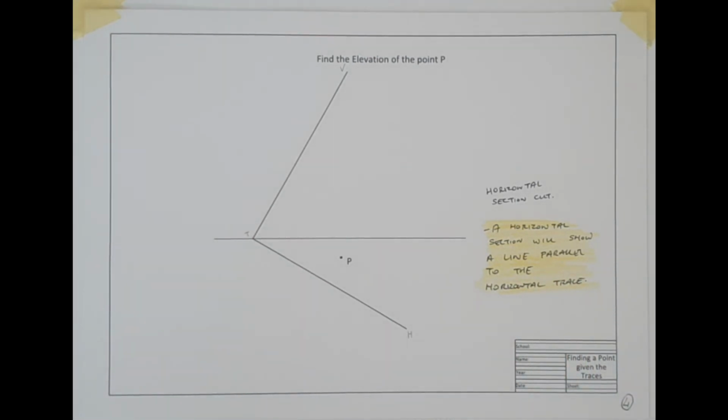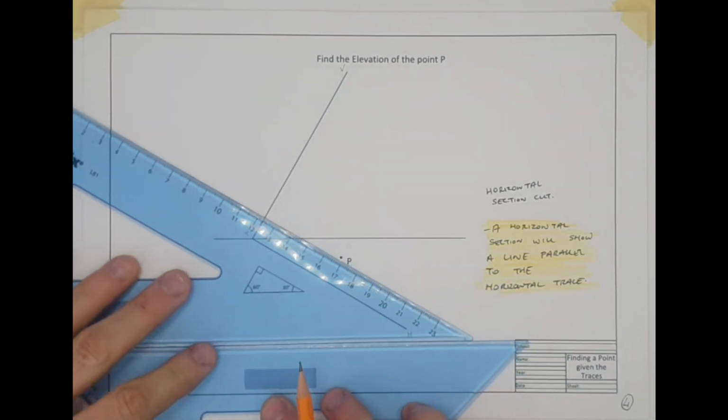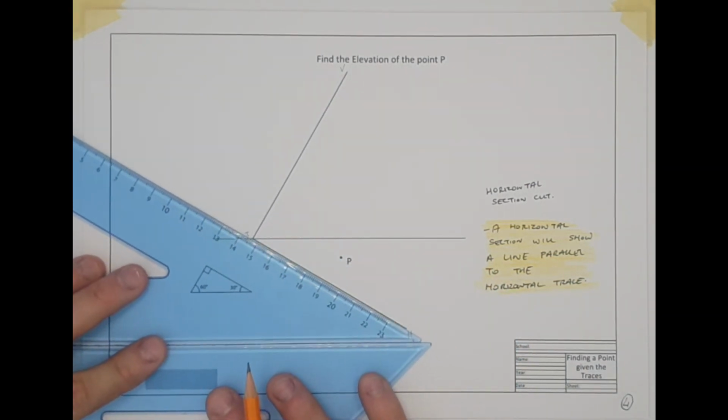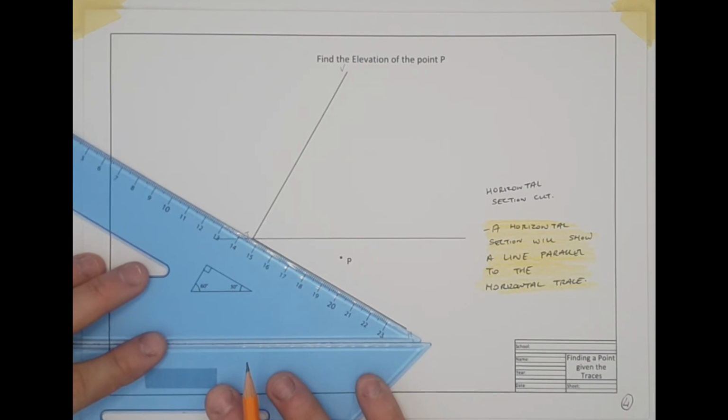Let's get going. So, let's put this into action. That is the angle of my horizontal trace right there. My horizontal section gives me a line parallel to that trace.